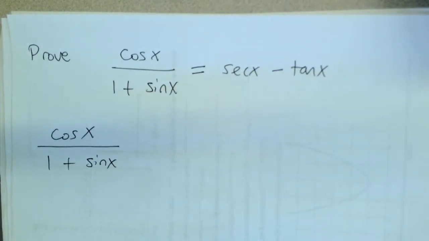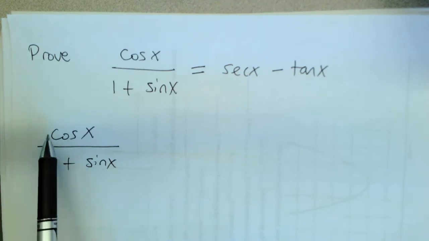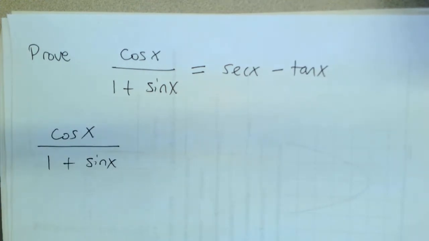Looking at this left-hand side, do you agree that there's really nothing you can do with this? You can't split the fraction. You can only split the fraction if you have multiple terms in the numerator. Multiple terms in the denominator, you can't split that. There's nothing to factor, there's nothing to multiply out. It's already in terms of sines and cosines. There's nothing you can do with that.